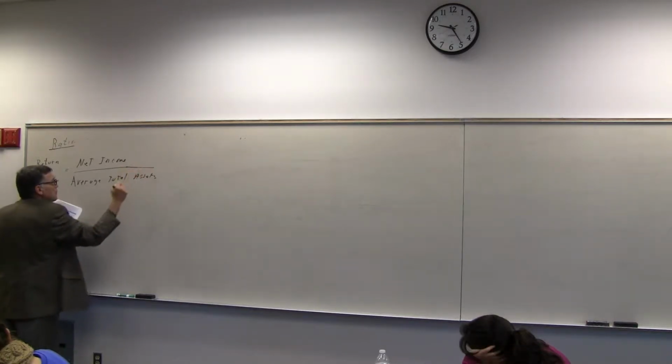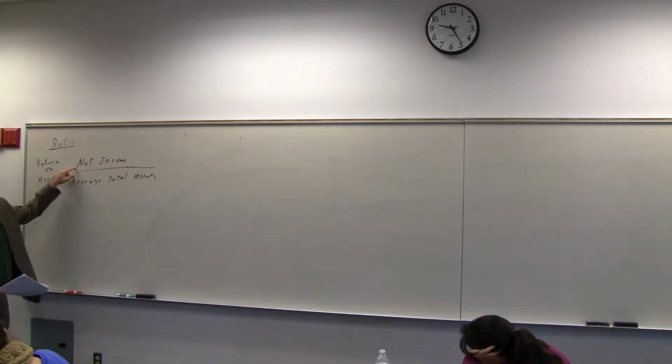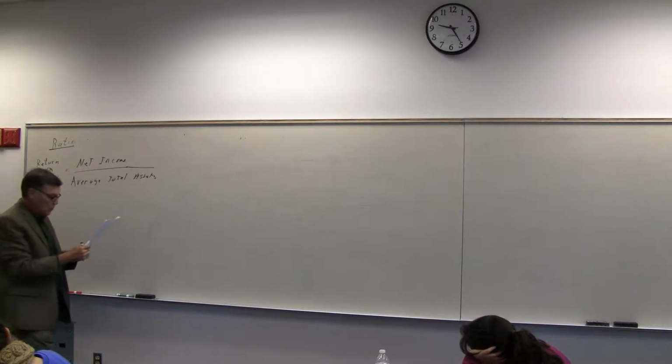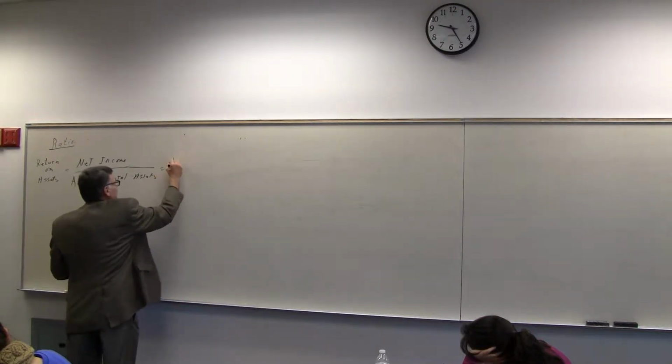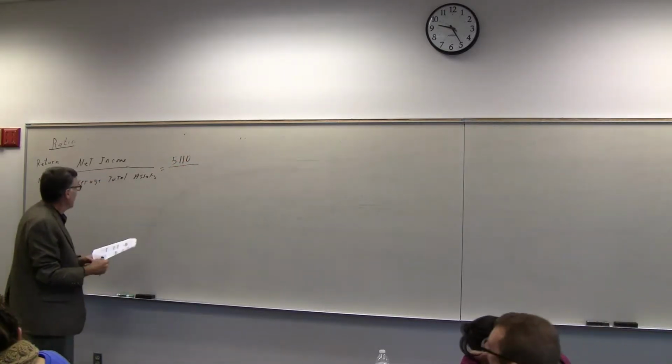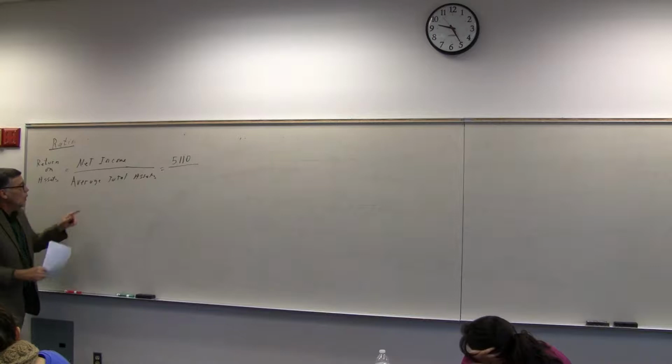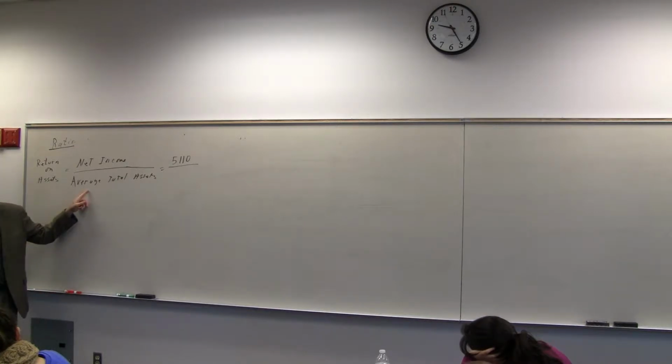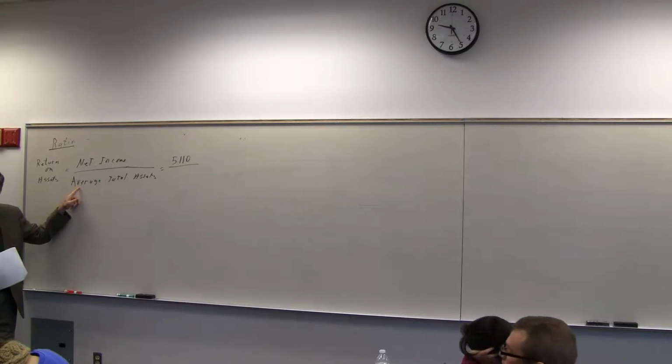Okay, now, where do you find the net income? On the income statement. So in this particular example, the net income for this company was $5,110. Okay? Then the average total assets. Where do you find the total assets? On the balance sheet. What's with the average? Well, what you do is you take the beginning, add to the ending, and you divide by 2.